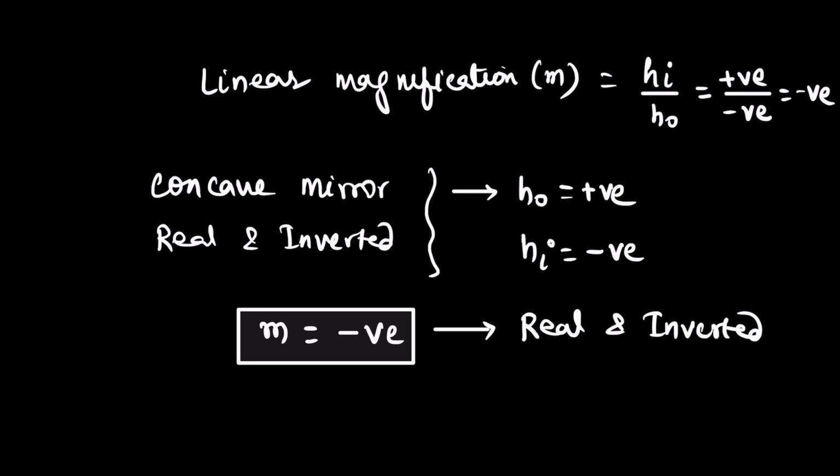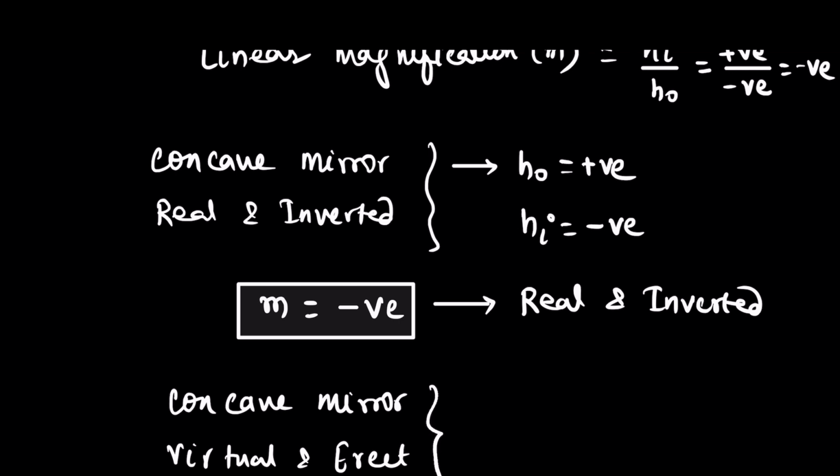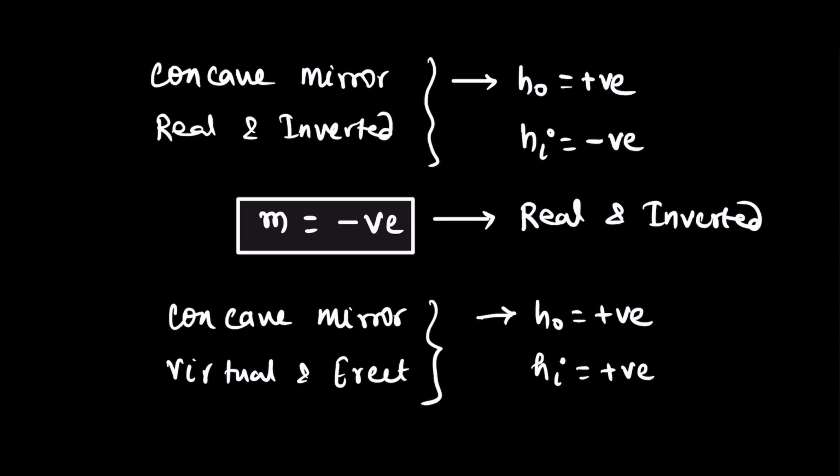Similarly, for a concave mirror, when it forms a virtual and erect image, height of object is positive and height of image is positive. So M will become positive by positive, so it will be positive.